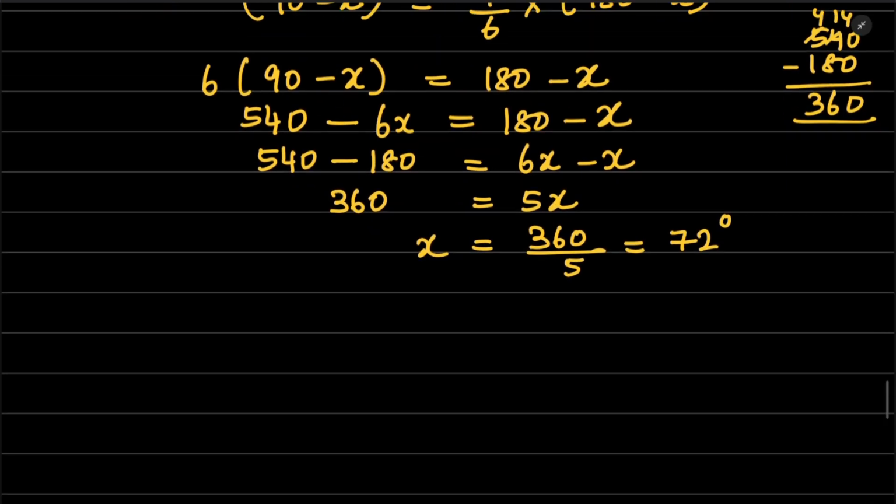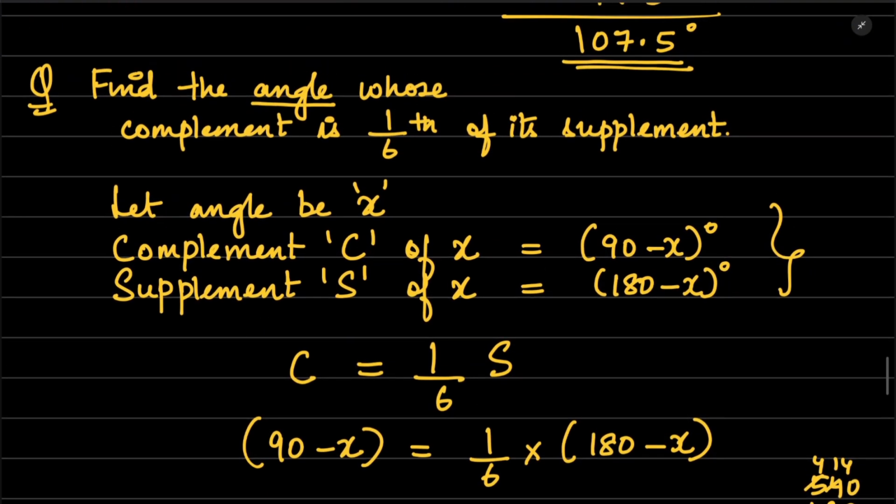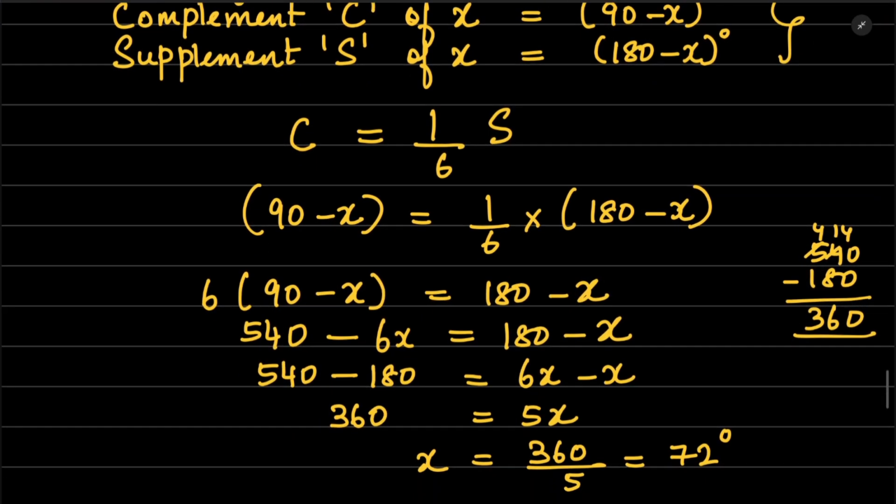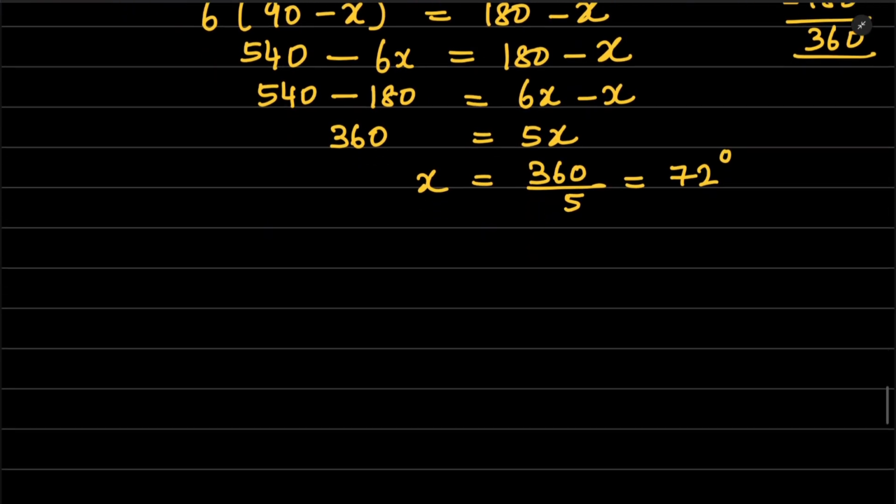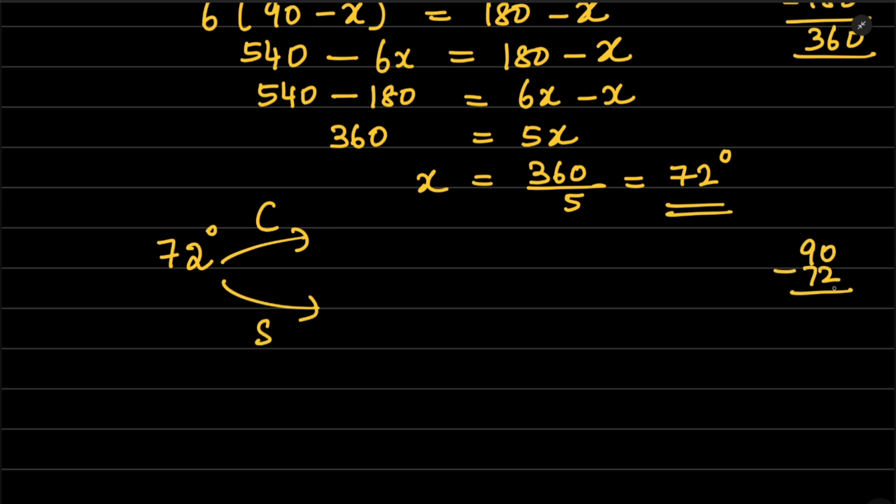Okay, so you have to find the angle whose complement is 1/6 of the supplement, right? So the angle is 72 degree. And what is the complement and what is the supplement? Complement is nothing but your 90 minus 72, right? So you'll have your 18 degree is your complement.